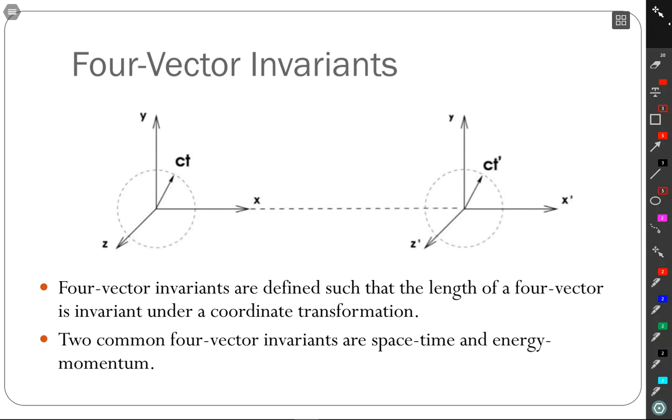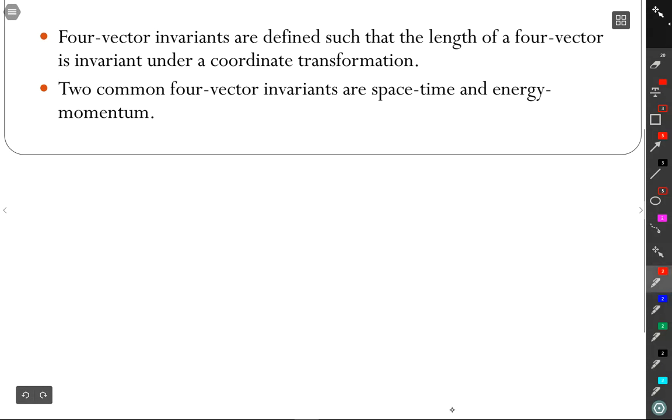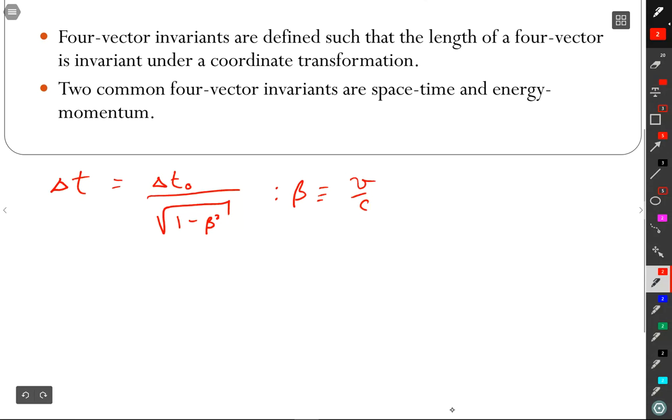And so we have that time dilation equation, which said that the time measured in one reference frame is equal to the time measured in another reference frame divided by the square root of 1 minus beta squared, where beta is defined as v over c.